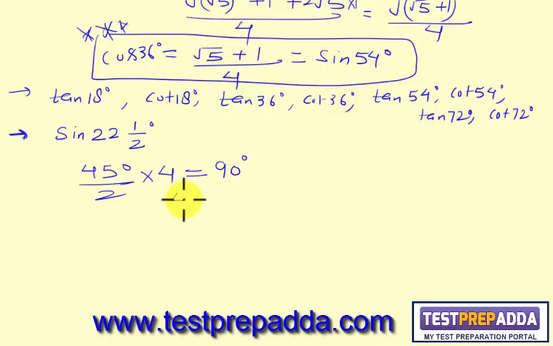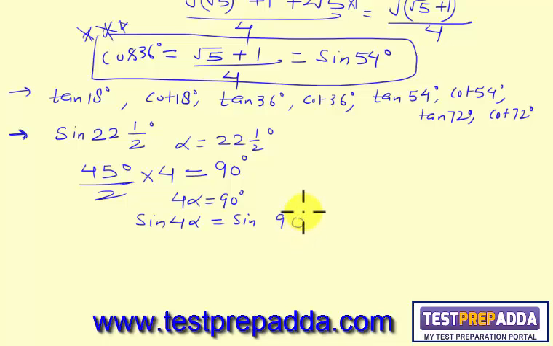So 4 alpha is 90 degree, where I am taking alpha as 22 and a half. So 4 alpha is 90 degree. And if I take sine on both sides, it will become sine 4 alpha is equal to sine 90.